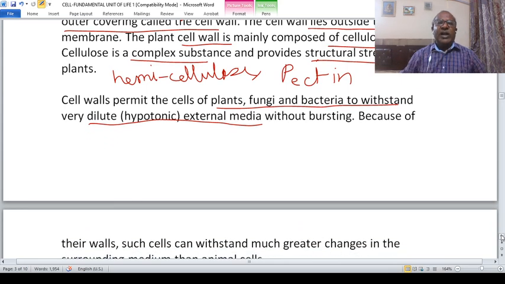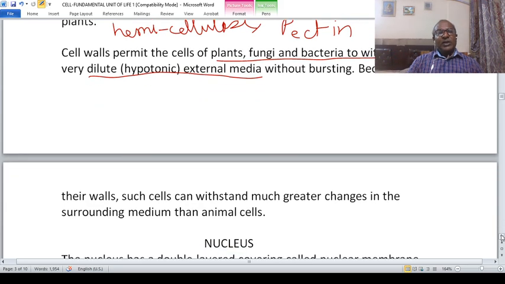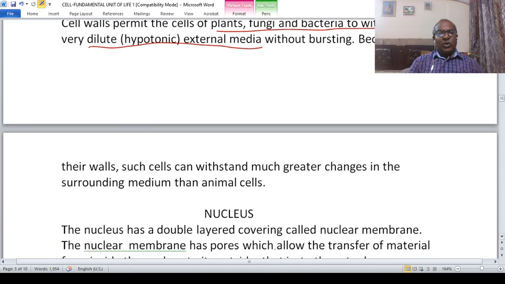If you keep an animal cell in a dilute solution, the water will move inside by osmosis and it will burst open. Whereas plant cells do not burst open. Why? Because of this cell wall. That is why the plant cell has greater capacity to survive in a rough environment.